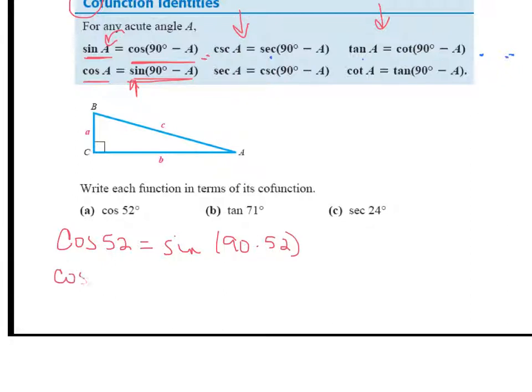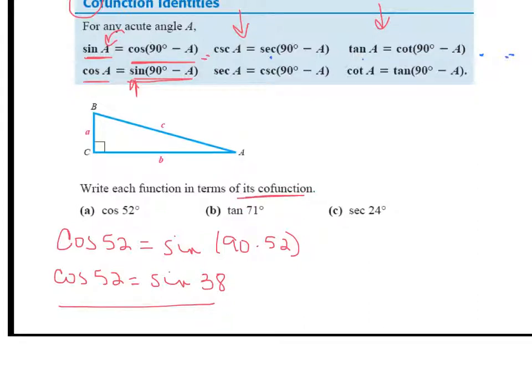So cosine of 52 is going to equal sine of 38. Now if you punch that in the calculator, make sure it's in degree mode, and they will balance each other. They would be the exact same thing. It didn't ask what it was, it just said in terms of its cofunction. So we're going to leave it at that.